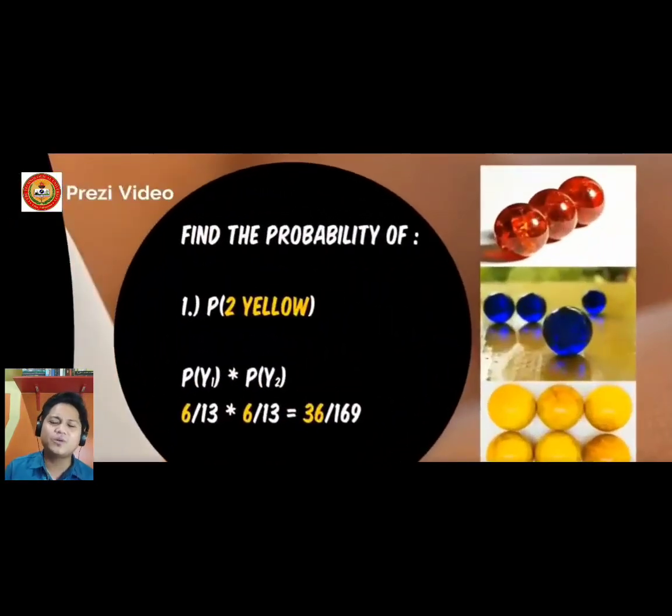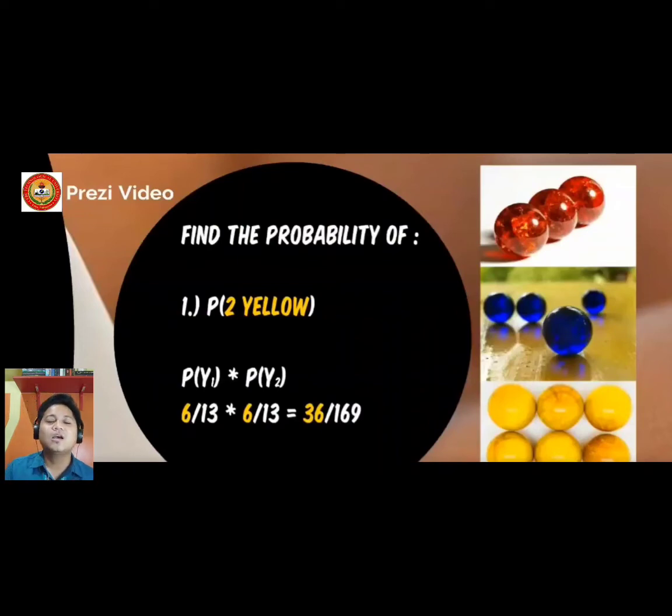Find the probability of getting 2 yellows. We have P of yellow, the probability of getting a yellow, times the probability of getting the second one, which is still yellow. How many marbles do we have? Remember, we have 3 red, 4 blue, and 6 yellow marbles, so a total of 13.